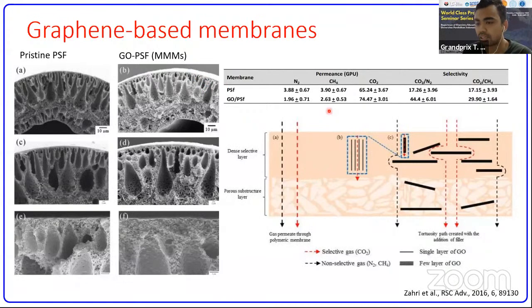Not only the selectivity is increased, as you can see, the permeability is also increased as well. That's why we have broken the trade-off issue, just by incorporating the nanosheet inorganic fillers. So you can see here, this is the proposed mechanism for the separation within the graphene oxide polysulfone mixed matrix membranes.